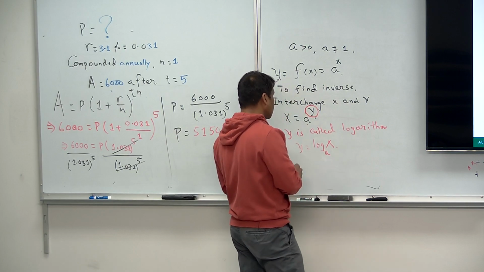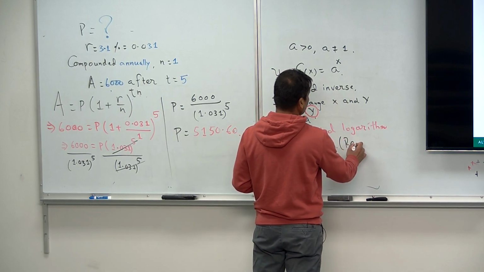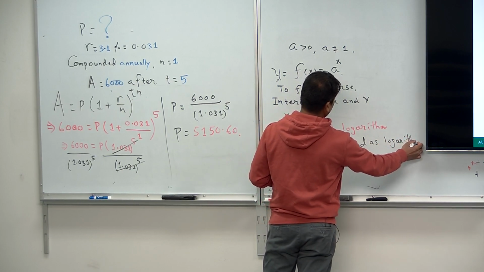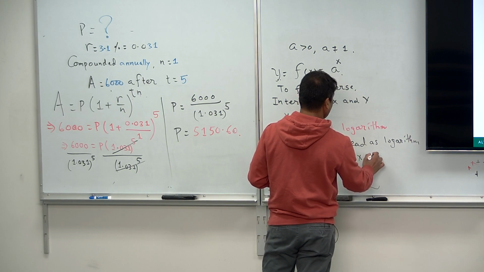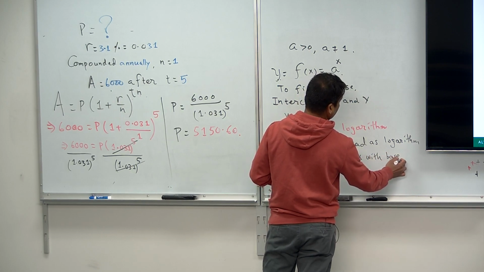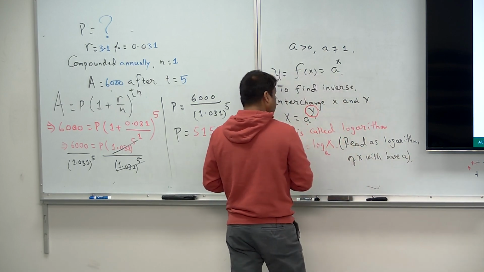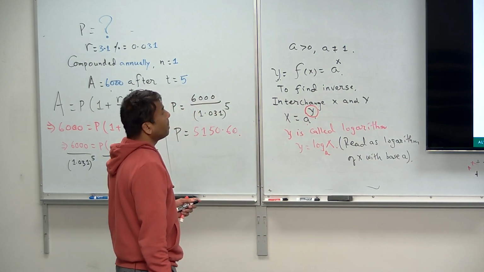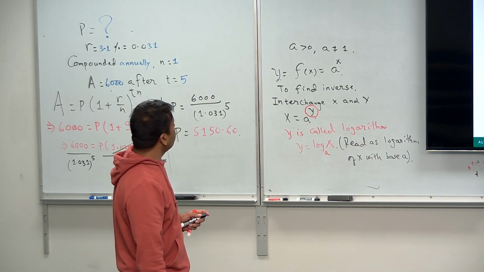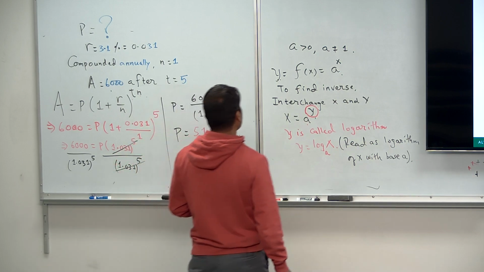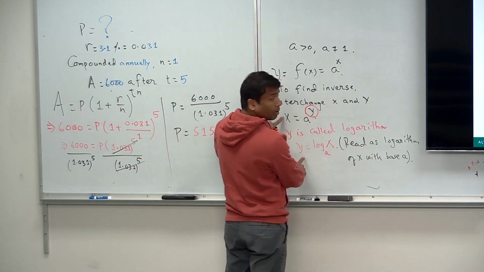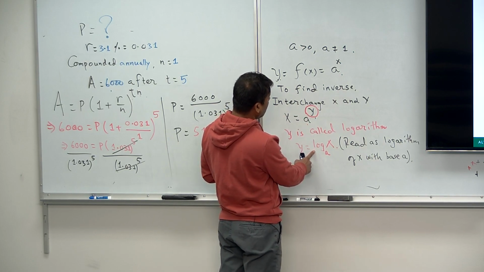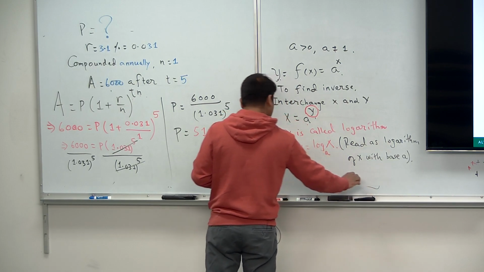I read it as logarithm of x with base a. Now you see these two are equivalent: x equals a to the power y and y equals logarithm with base a of x. So they are equivalent.